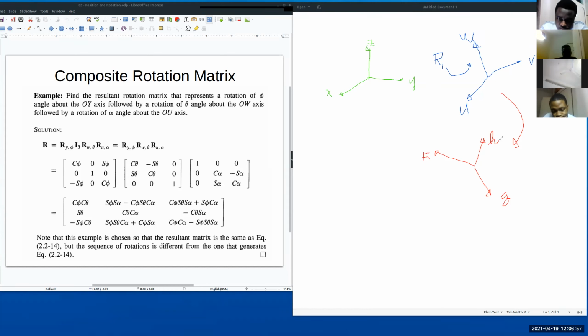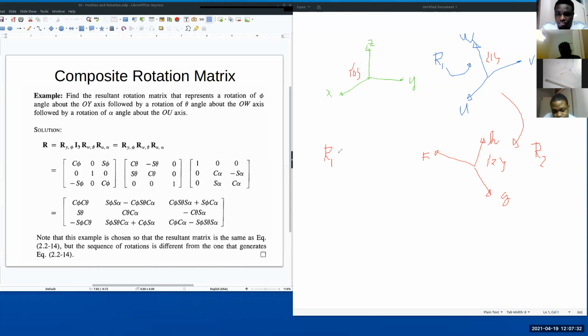So when you rotate from X, Y, and Z into U, V, and W, that's a rotation of R1. And then you rotate from here to here. Let's say this is frame 0, frame 1, so it's easy to call them, and this is frame 2.